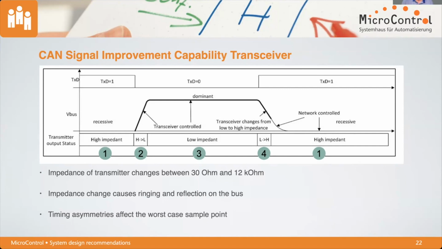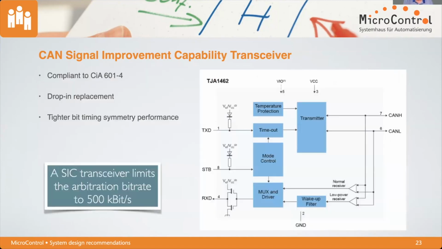But this, of course, has an impact on arbitration bitrate, because, as I said, it is actively driving even in recessive level. That means if you think about using a SIC transceiver, then this limits your arbitration bitrate to 500 kilobits.